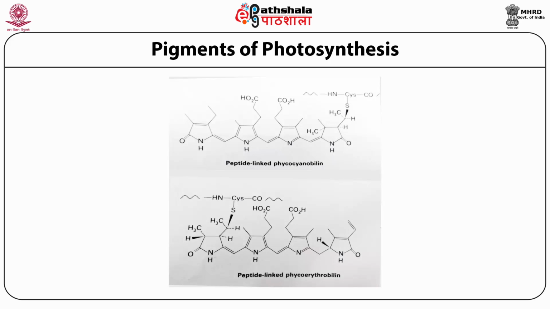Cyanobacteria and red algae, the marine organisms with habitats a few meters below water surface, do not get any red or blue light. Their photoreceptors phycocyanobilin and phycoerythrobilin are prosthetic groups of phycobiliprotein subunits.